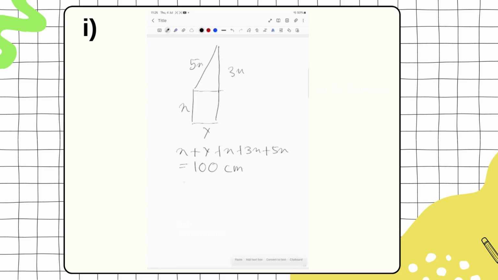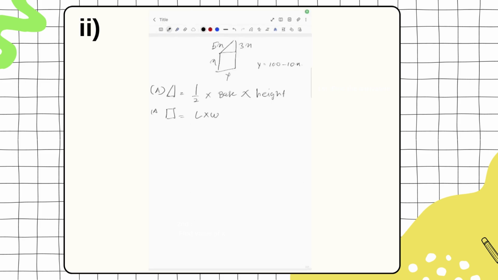So, simplify: 2x plus 3x plus 5x plus y equal to 100 cm, and then 10x plus y equal to 100 cm. Make sure the y is single at the left. So y equals 100 minus 10x. So the answer is y equals 100 minus 10x.